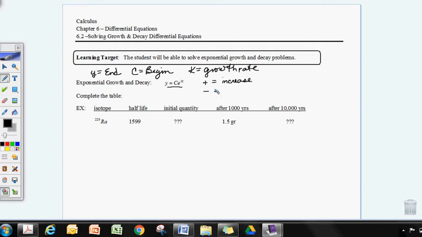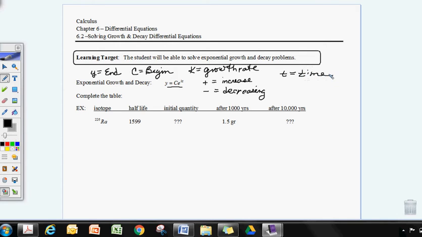If it's negative, it means it's decaying or decreasing, like something decaying in the woods. And the T is going to stand for time.